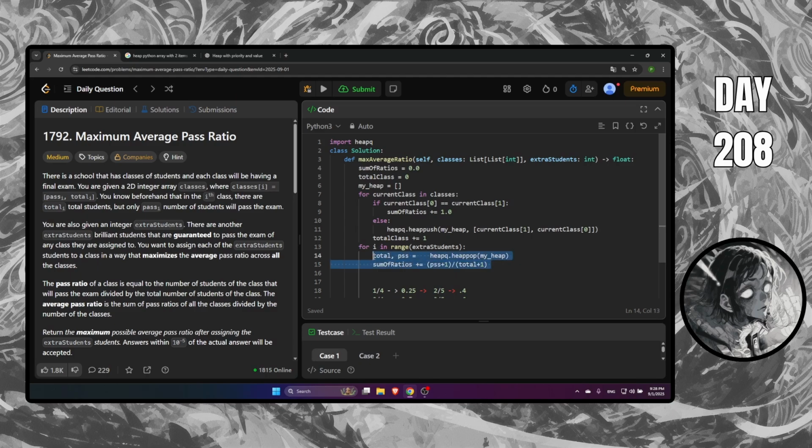Actually, it's not a good idea to just add this here. It's actually a better idea just to push it back and keep it doing this.